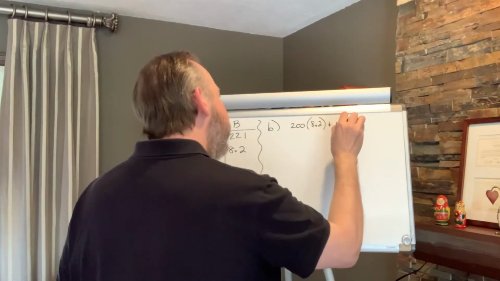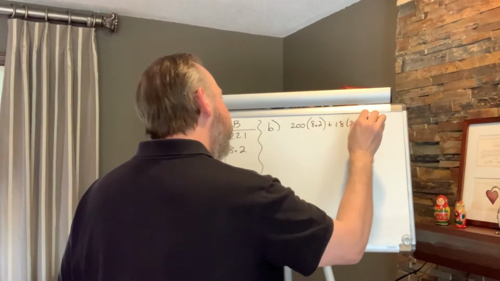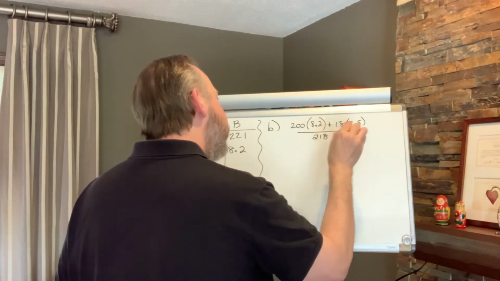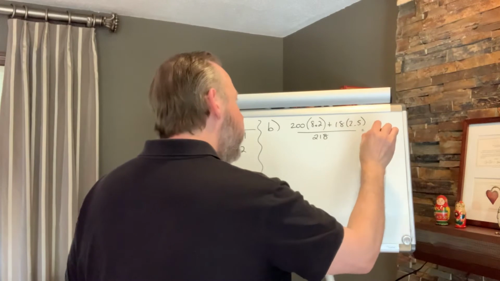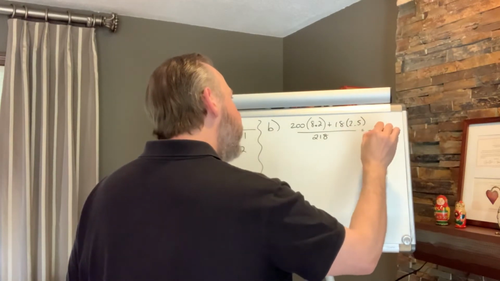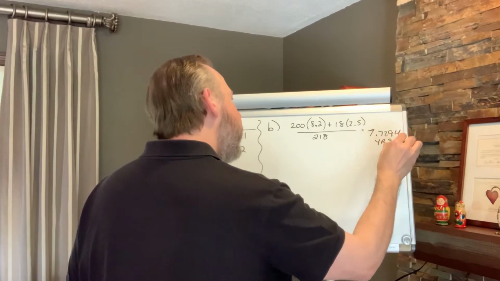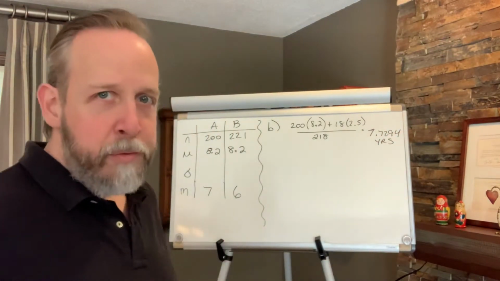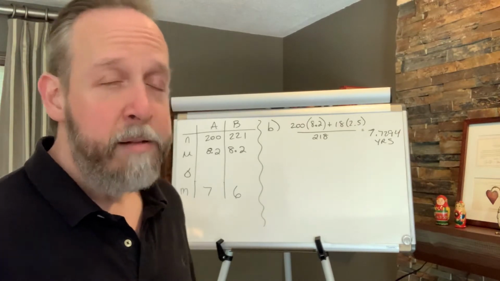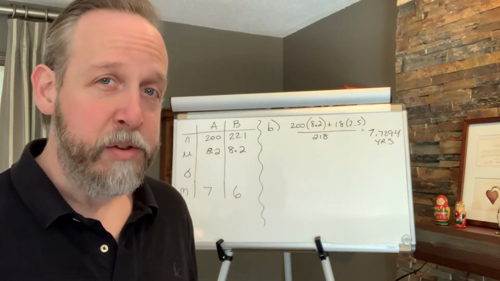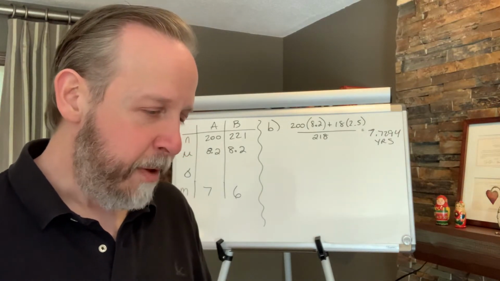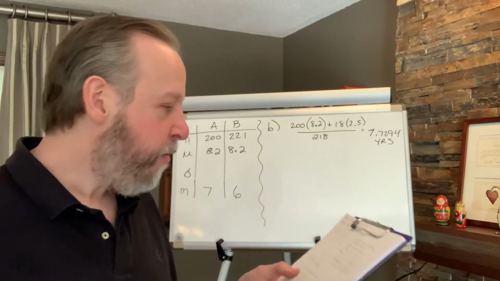And now the 18 teachers with average experience of 2.5 years, divided by the new 218 teachers total: 7.7294 years of teaching experience. All right, so we're just unfolding and recreating a new mean: 200 times 8.2 plus 18 times 2.5, divided by the 218 teachers in the district. That's part B.